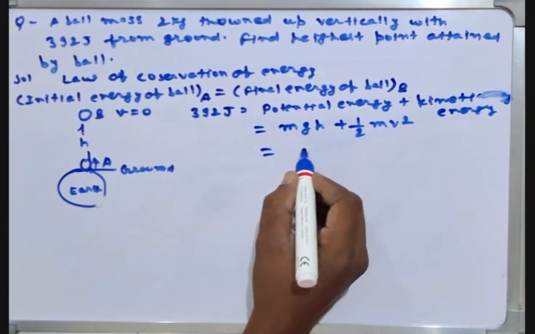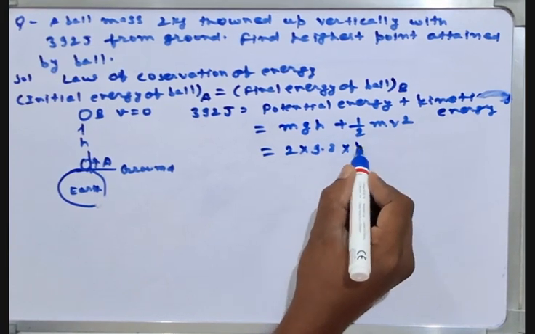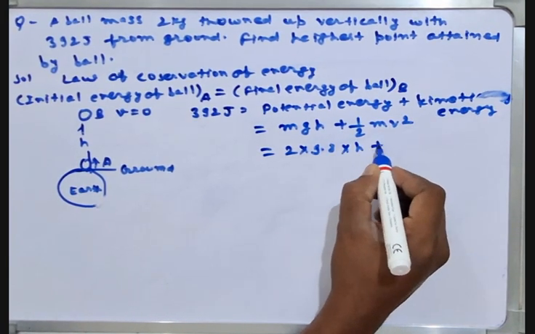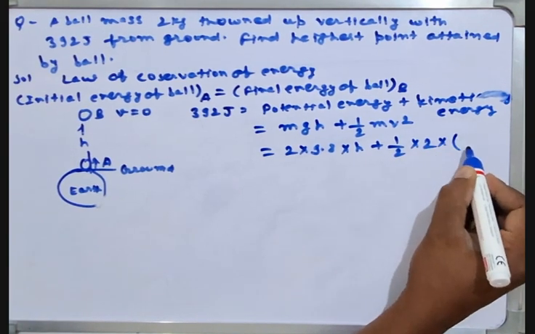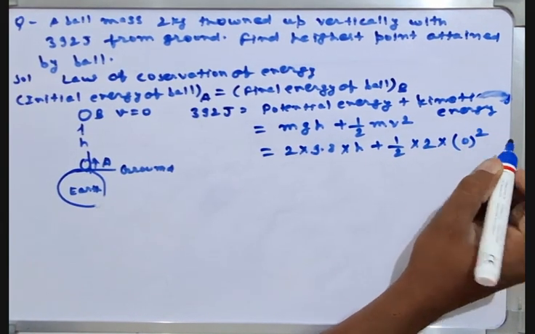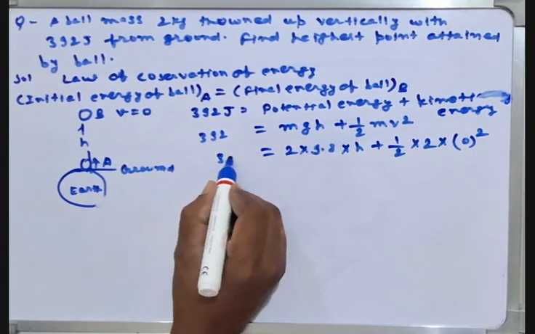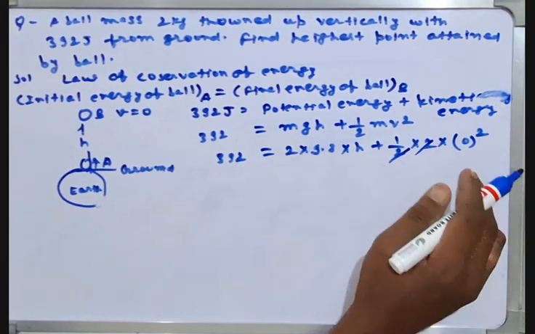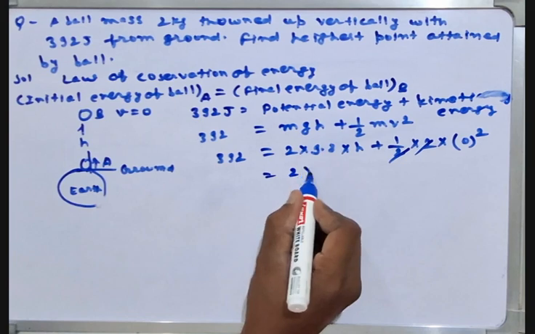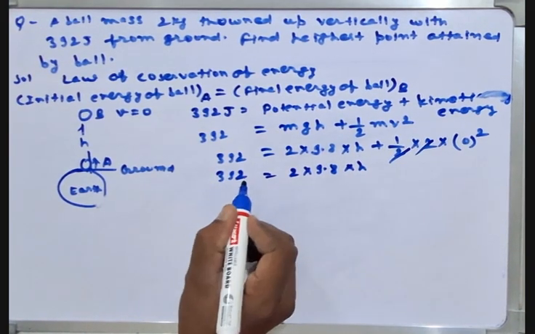We can further write it as 2 into 9.8 into h, where h is the highest point attained by the ball, plus 1/2 into 2 into final velocity 0 whole square. So this is equivalent to 392. The 2 cancels, and the 0 term vanishes, so 2 into 9.8 into h equals 392.